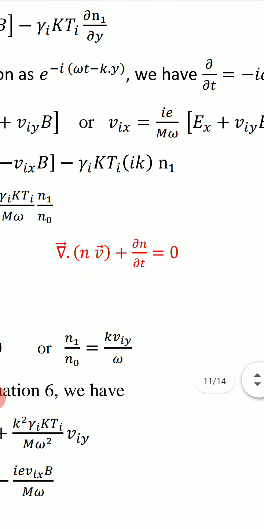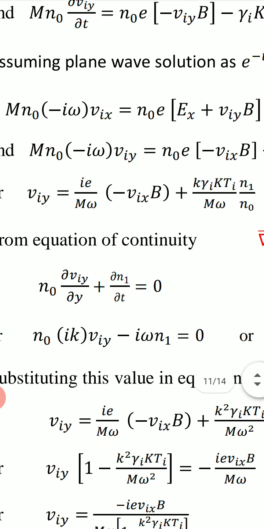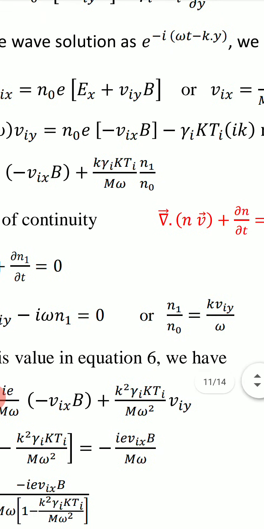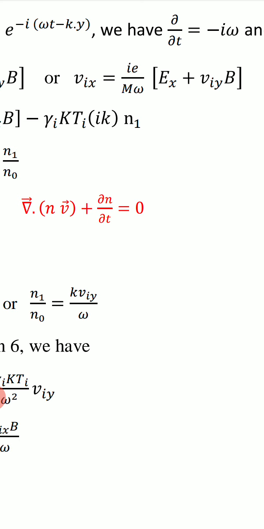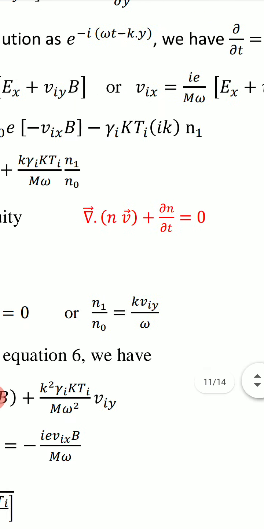From this first equation we write the value of Vix, the x component of ion velocity, dividing by minus i omega m n0. We get Vix equal to ie upon m omega into (Ex plus Viy B). Write it as equation 5.